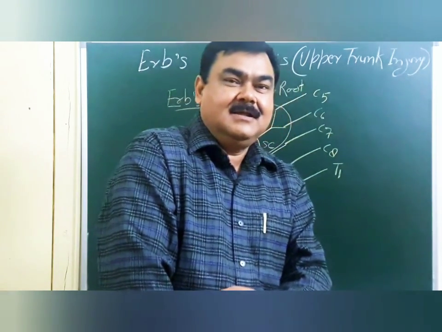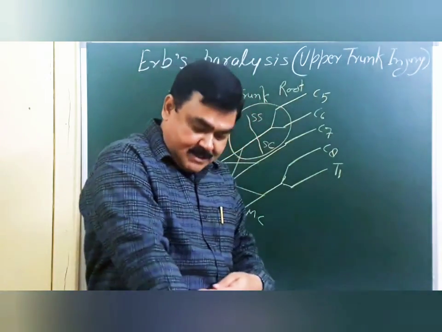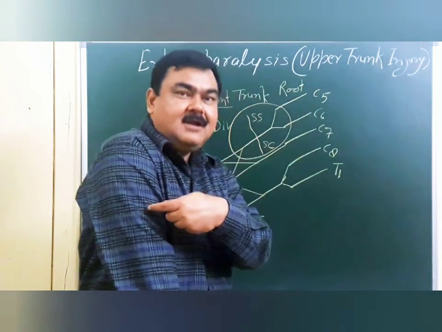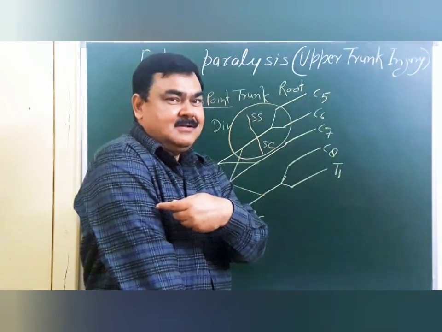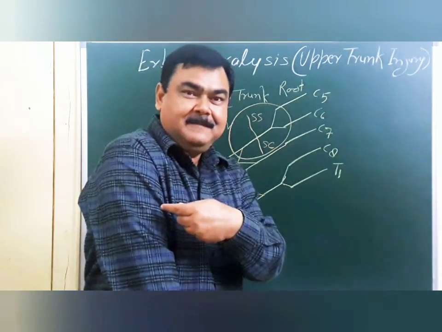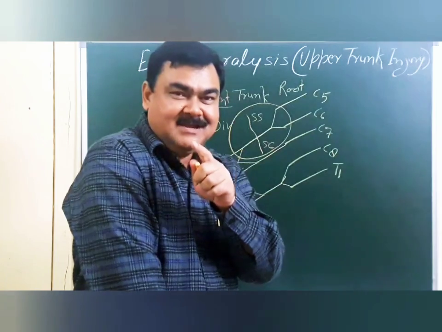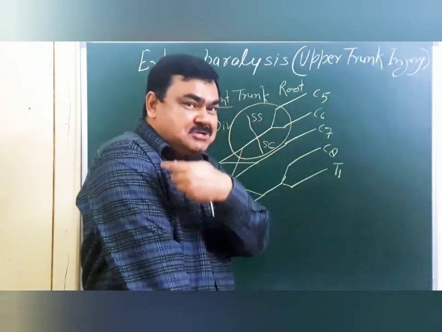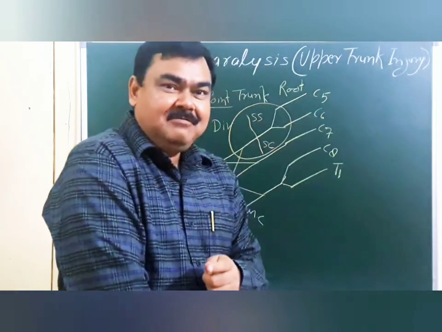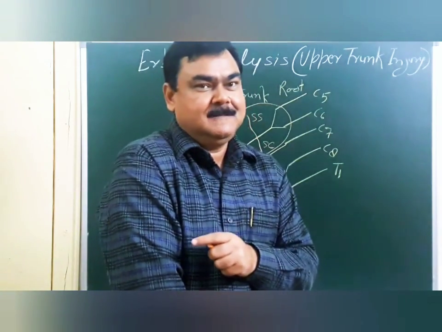And another thing, medially rotated, because lateral rotators are paralyzed. Which muscles are lateral rotators? These are supraspinatus, infraspinatus, and teres minor, which are attached to the posterior part of greater tubercle of the humerus.